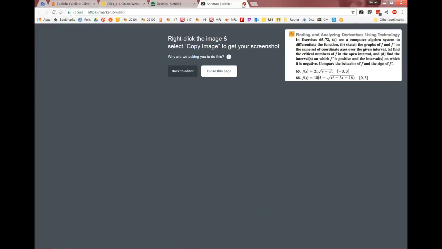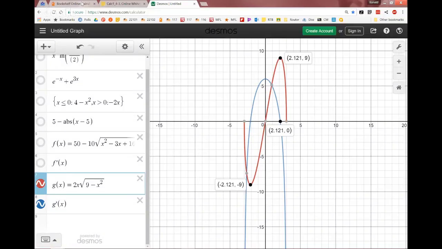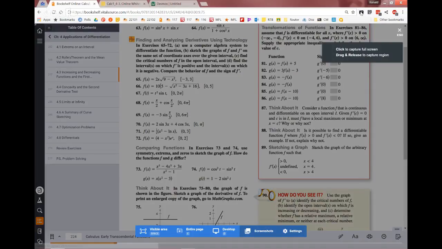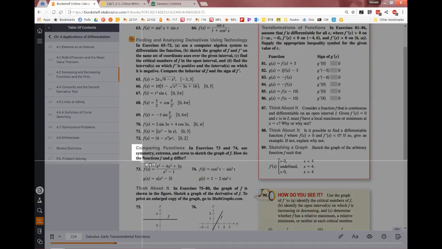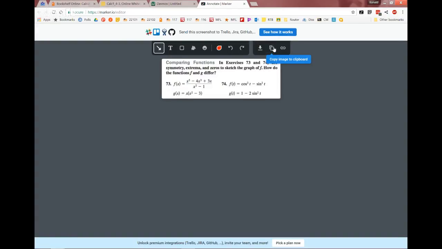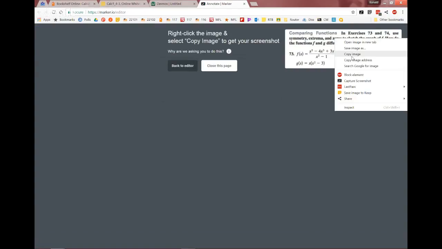Let's close this. I'm sorry for these flashing around here. Let's grab number 73. I'm going to grab this whole thing so I can get the directions with it.